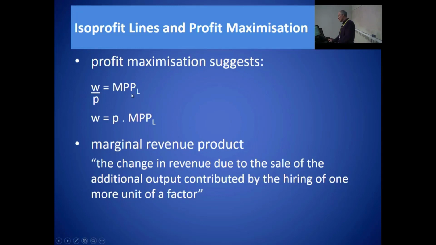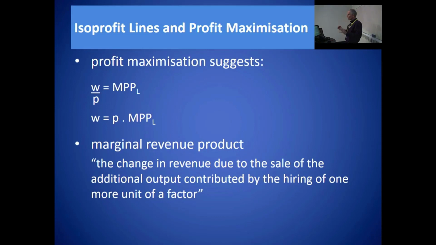So it's equal to marginal physical product times price. So what have we found here? We've said that a profit maximising firm, if labour is its variable input, will maximise profits when the wage is equal to the marginal revenue product of labour. That's all that we've got here.